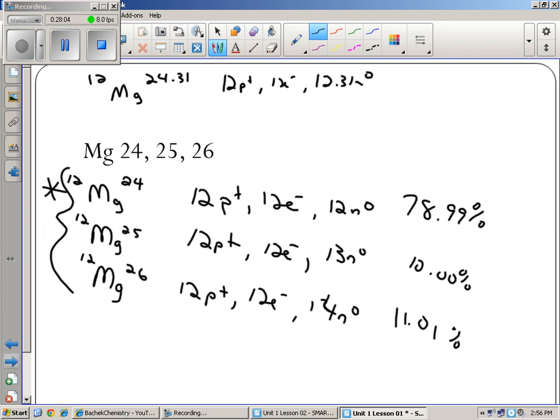Magnesium 24 has the best chance of finding that one. 79 out of 100 are like that. Is that good? Did you guys know that? Maybe. Anyway, that's where that number comes from, 24.31. That's why you get 0.31, and that's why we're rounding it up or down, because it's telling us the most common one.